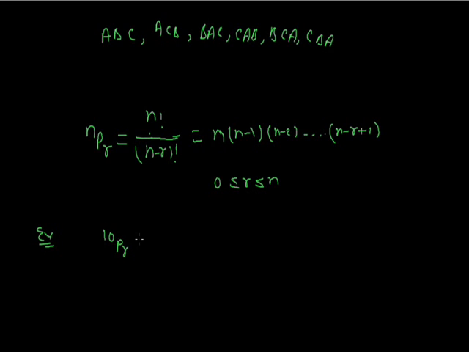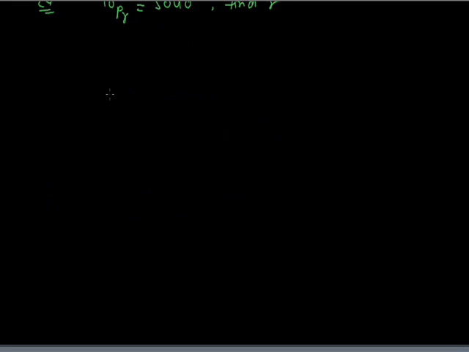If 10Pr is equal to 5040, then find the value of r. So how can we solve this using the formula? We know that 10Pr is equal to 5040, and we can write it as 10 into 504.